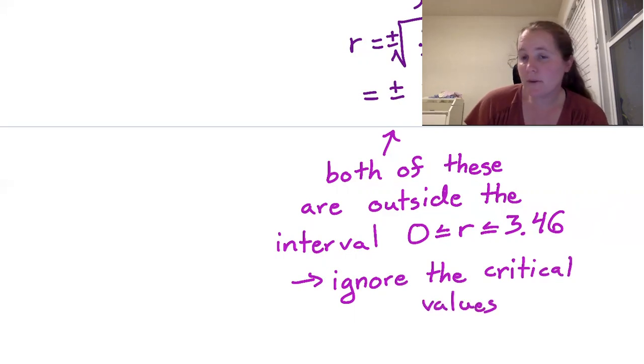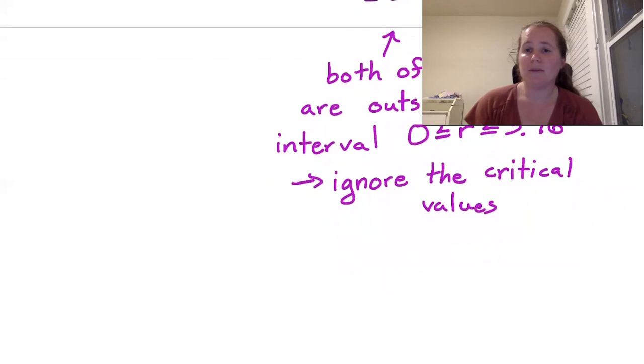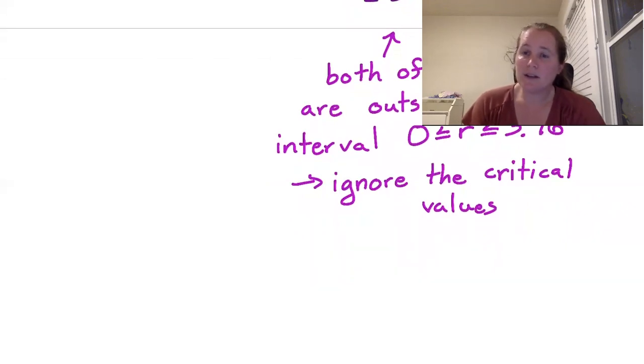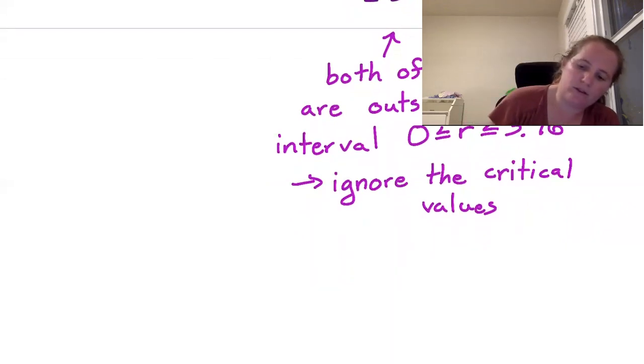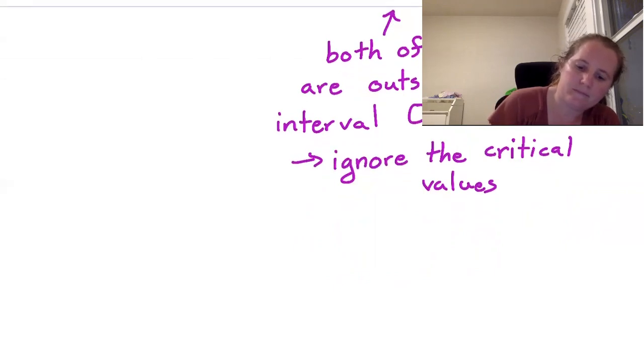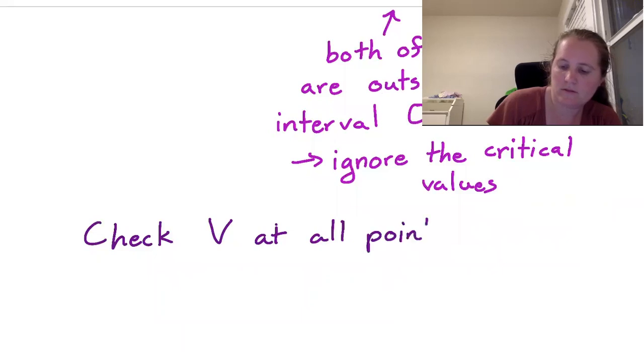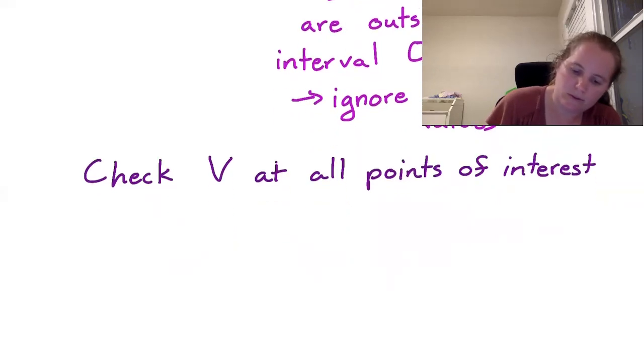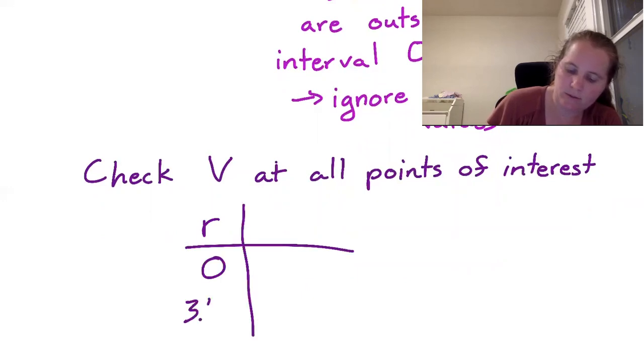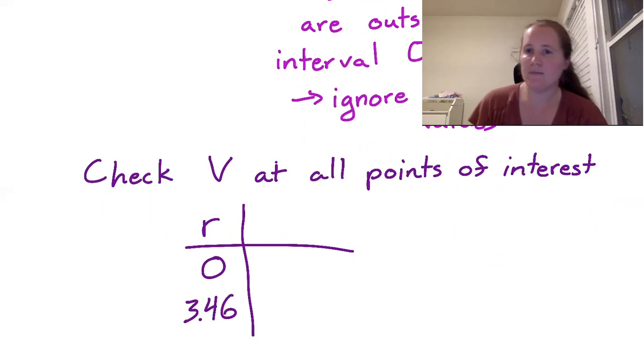So that means that the only 2 places that we have to check for optimization are at our 2 endpoints. So if we do our quick check, we're going to check V at all points of interest. So for our radius, the two we're doing are 0 and then 3.46 something.